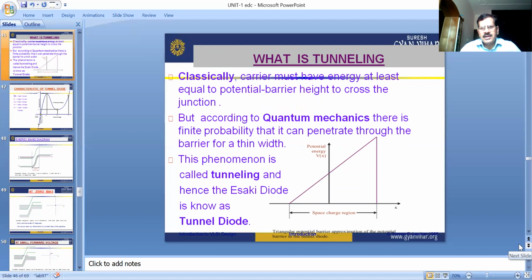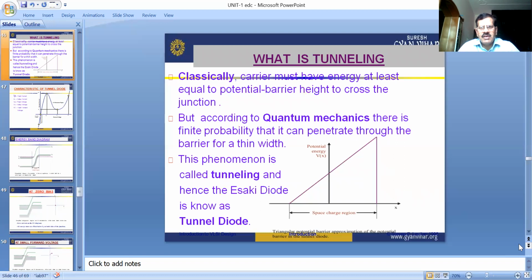And what is the tunneling in the tunnel diode? Classically, carriers must have energy at least equal to the potential barrier height to cross the junction. This is the condition for crossing the junction of the charge carriers.